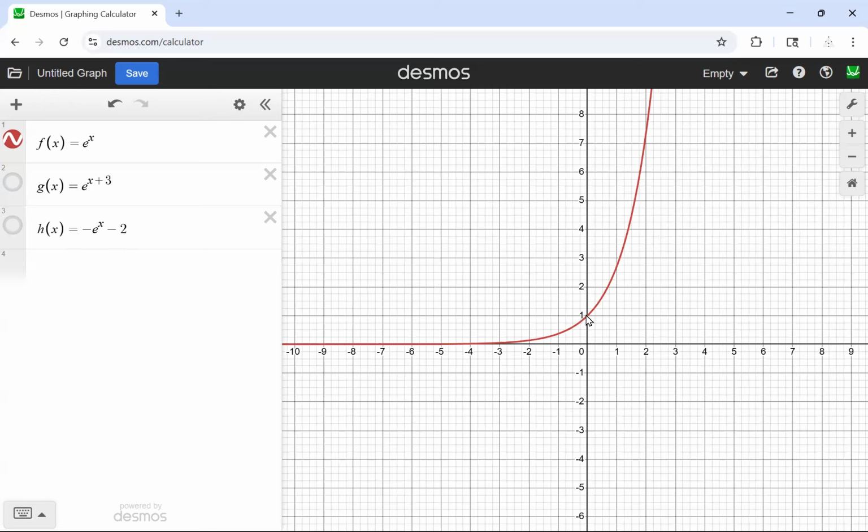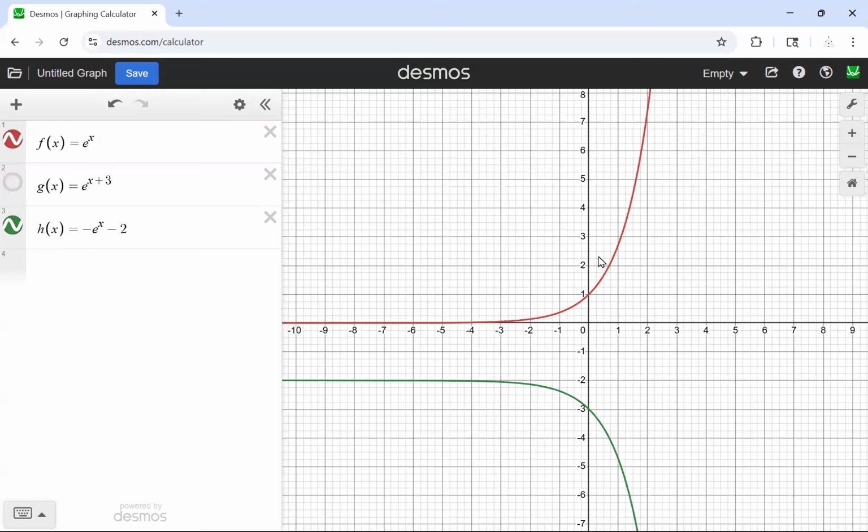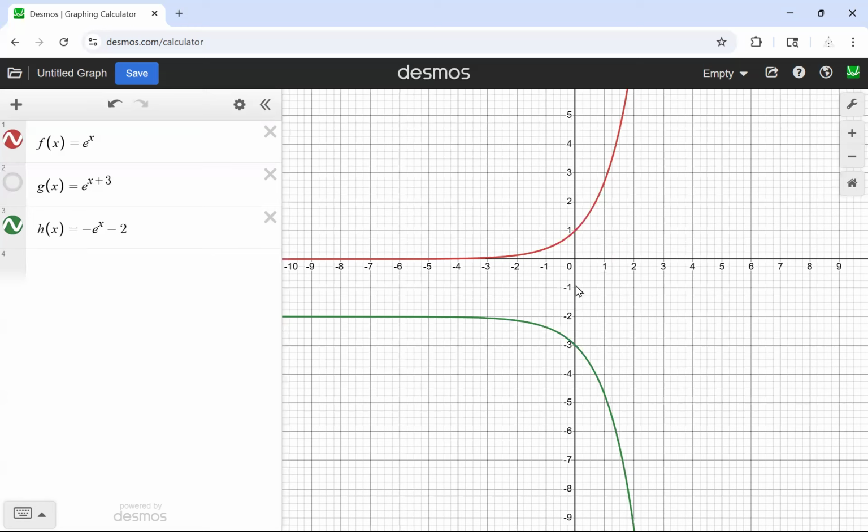My initial point of (0, 1) is going to flip, so it's going to go to (0, -1), and then get shifted down 2 units, and that'll go to (0, -3). Let's see if that does. Sure enough, that's what happens. It's a flip and then a shift down by 2.